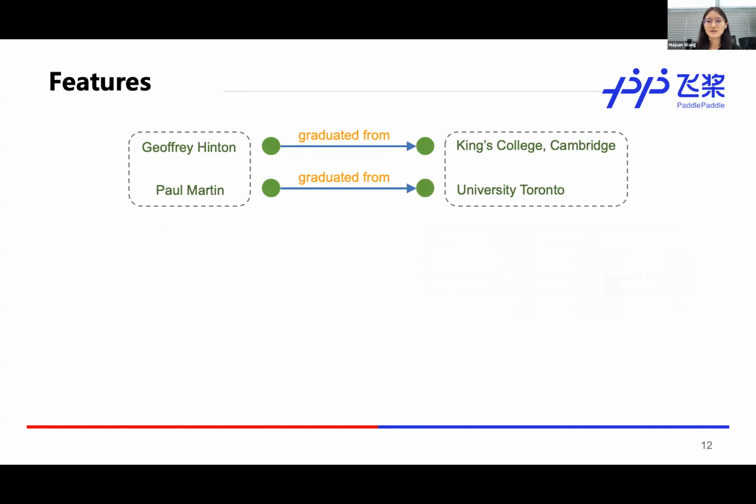Okay, besides implicit embeddings learned by previous models, we can also find some patterns directly from knowledge graphs, like person graduated from school. Entities belonging to the person class will more probably be the head of the graduated-from relation.